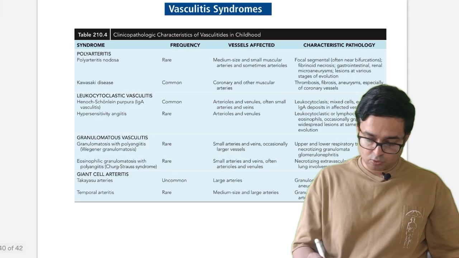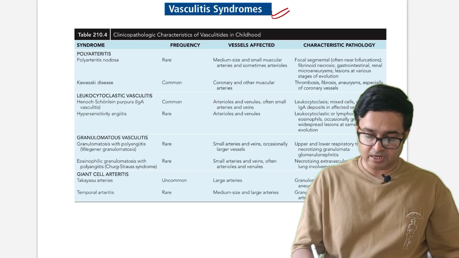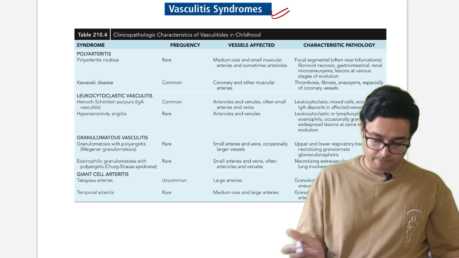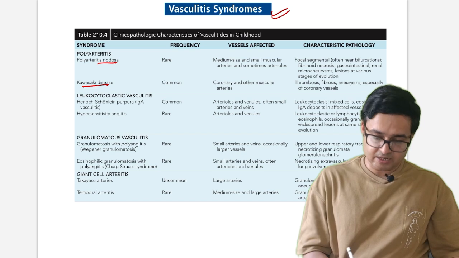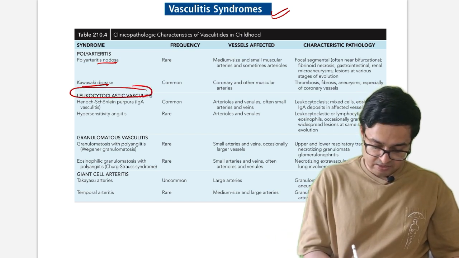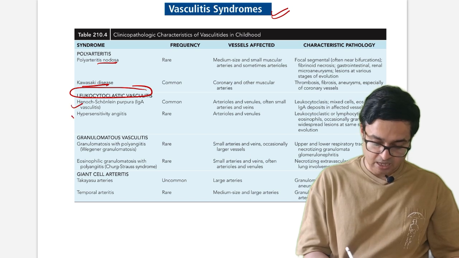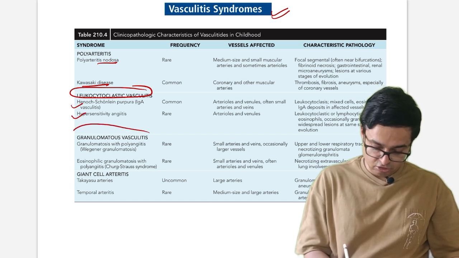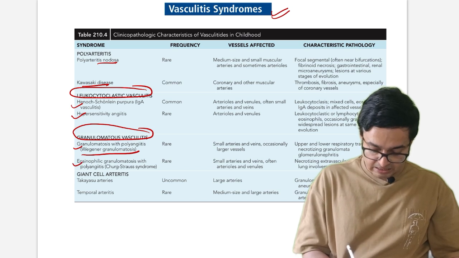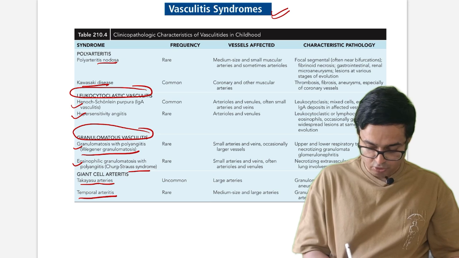Okay. So vasculitis syndromes, again just one or two topics. Vasculitis syndromes: polyarteritis nodosa and Kawasaki disease we just discussed. Leukocytoclastic vasculitis, HSP, hypersensitivity vasculitis, granulomatous vasculitis is granulomatosis with polyangiitis, also called Wegener granulomatosis, and EGPA, Churg-Strauss syndrome, Takayasu arteritis, and temporal arteritis.